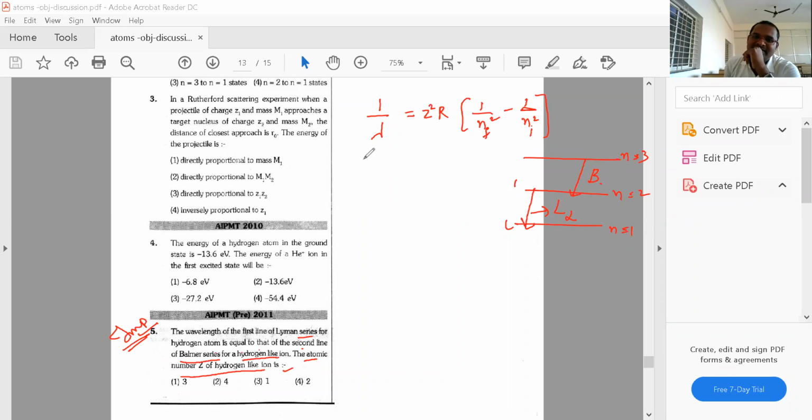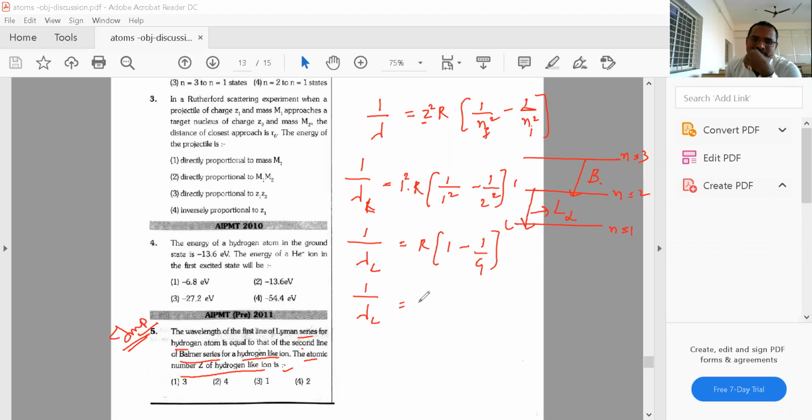So for the first line of Lyman series I write 1 by lambda is equal to, because for hydrogen atom Z is equal to 1, so 1 square into R into 1 square minus 1 by 2 square. Means 1 by lambda of Lyman series will become R into 1 minus 1 by 4, which is R into 3 by 4.